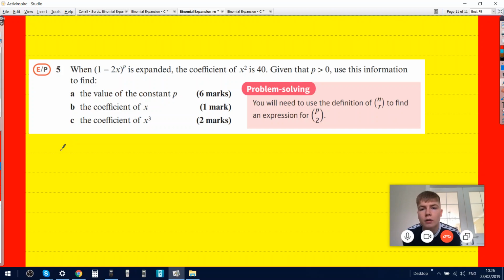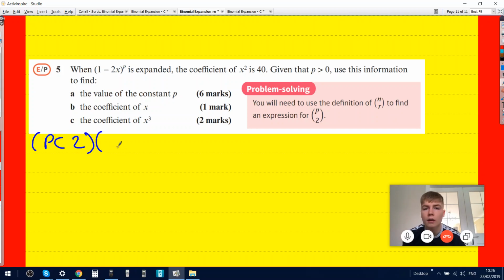Find the value of the constant. Would it be p choose 0? For the coefficient of x squared, p choose 2.